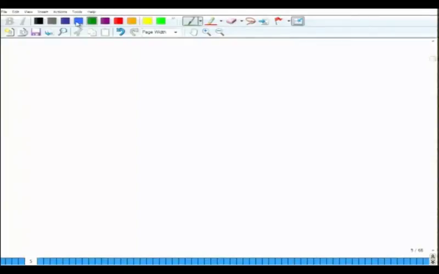Now, this is how you can identify a plane, as I told you the procedure in the last class, if you have a plane drawn within a unit cell.